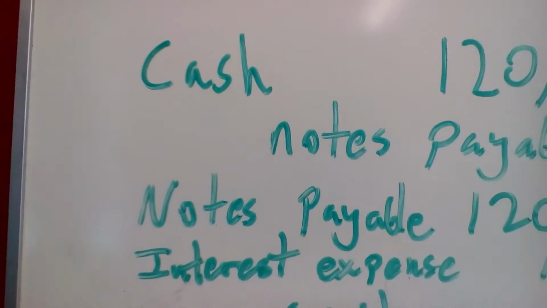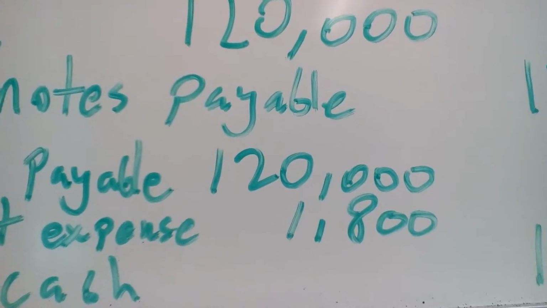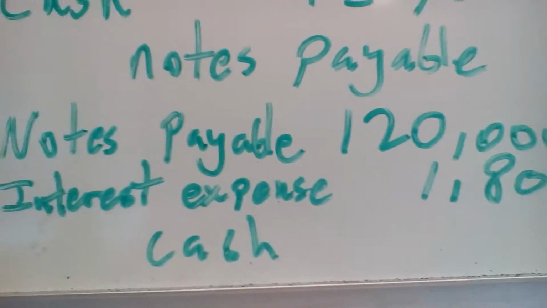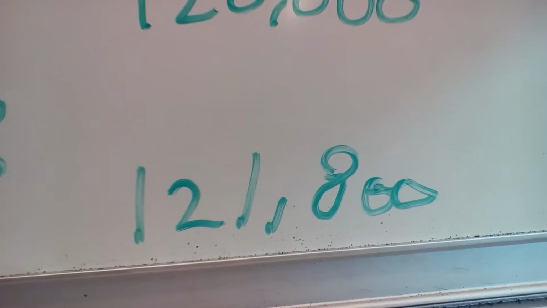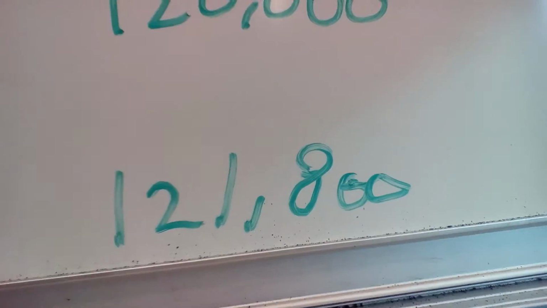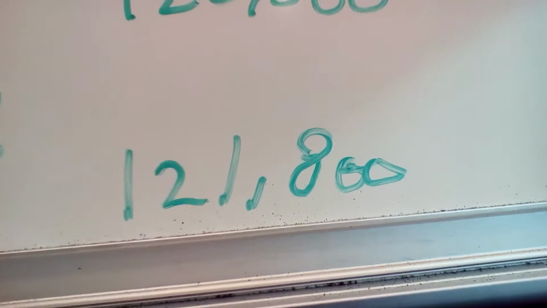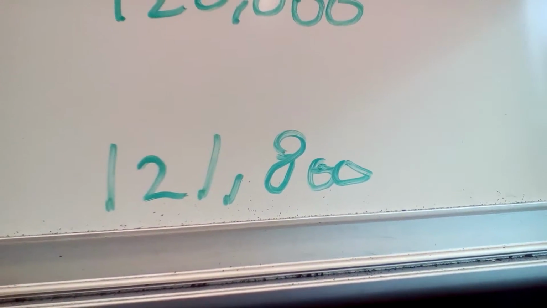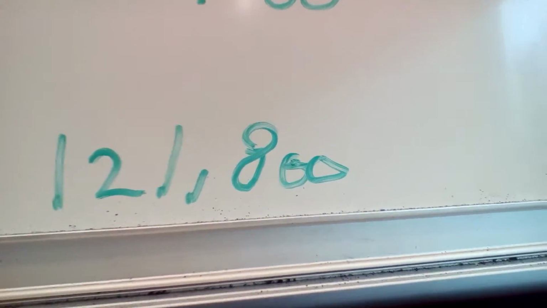And then when you go to pay it at the end of the 60 days, you're going to debit the payable for the face, 120,000, and you're going to debit the interest expense for the 1,800 to match it, and the cash is going to be the full amount that you'll pay. So you borrowed 120,000, but you ended up paying 121,800. That's one way to make money, is loan money. Money, you got to pay for it.